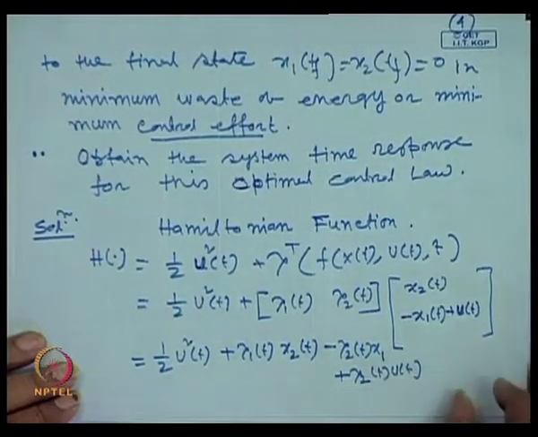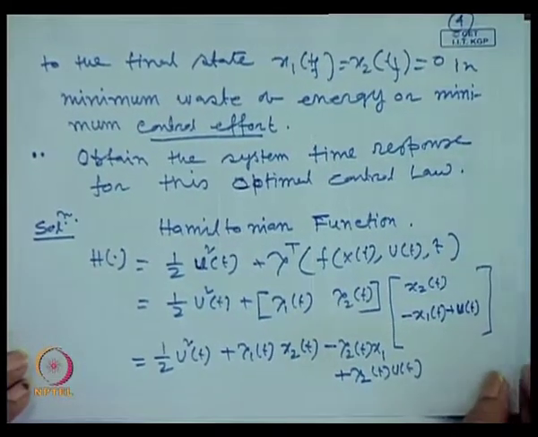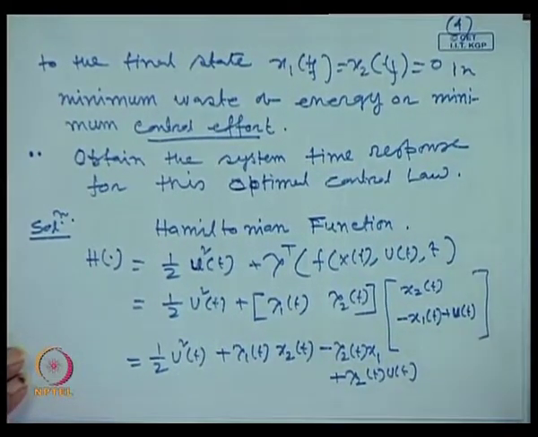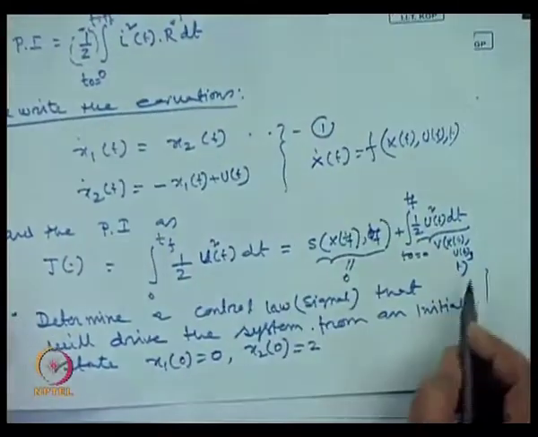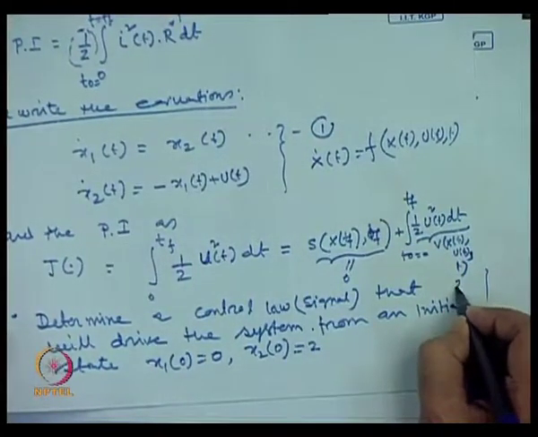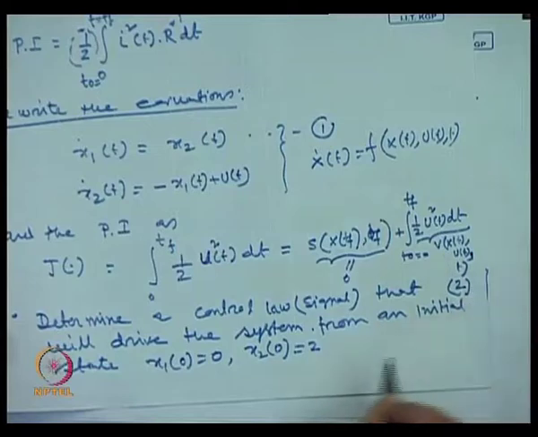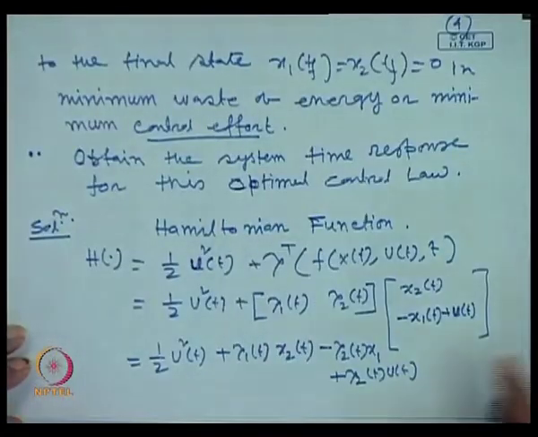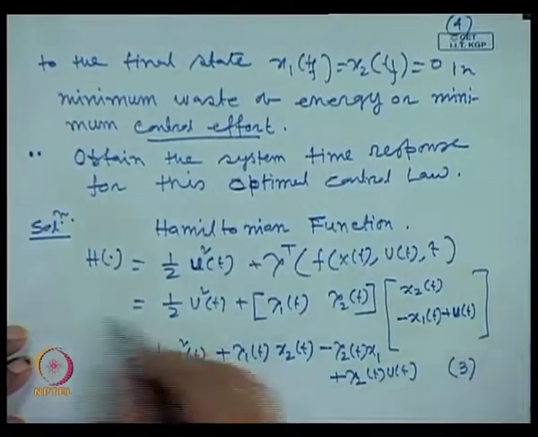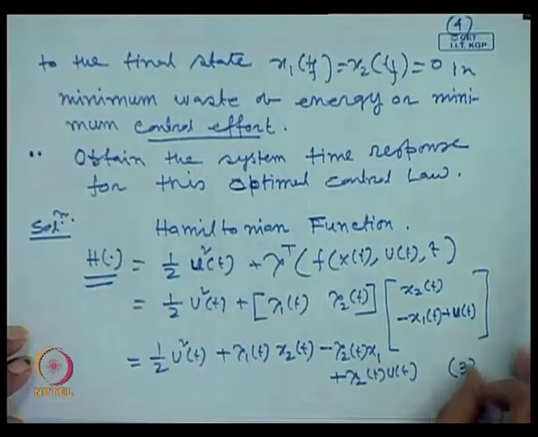So, this is our Hamiltonian function. Let us call this equation number 1, this equation number 2, and the Hamiltonian function is equation number 3.